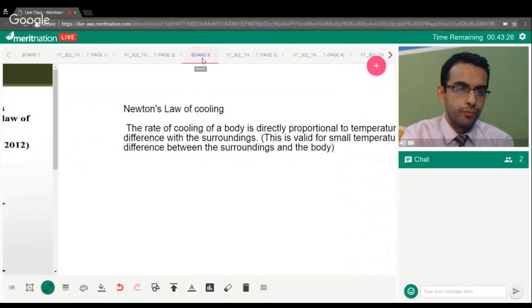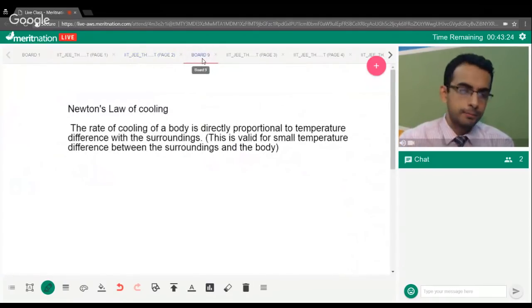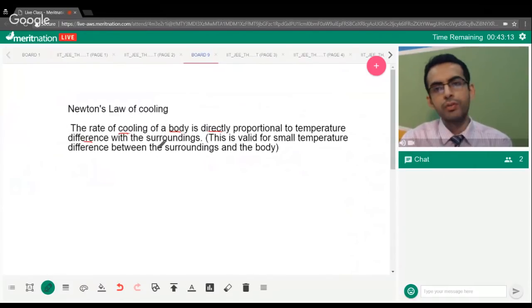So now what is Newton's law of cooling? The rate of cooling of a body is directly proportional to temperature difference with the surroundings. And this is valid for small temperature difference between the surroundings and the body.